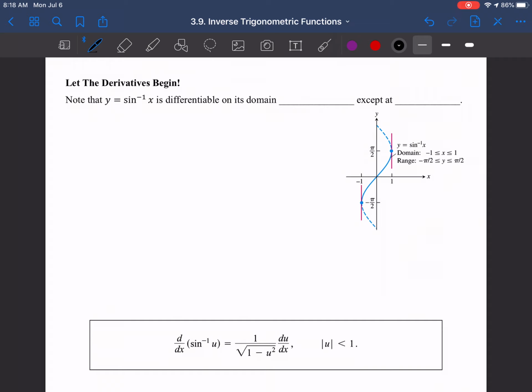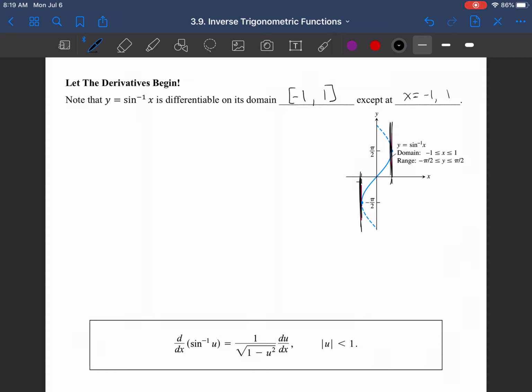All right, so note that y equals arc sine of x is differentiable on its domain, -1 to 1, except at x equals -1 and 1. Those two places, we have vertical tangent lines, and vertical tangent lines we don't have slopes for.